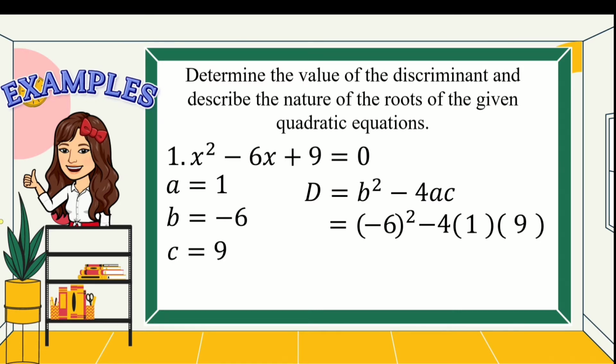The square of negative 6, or negative 6 times negative 6, is 36. Negative 4 times 1 times 9 is negative 36. And 36 minus 36 is 0. That is the value of the discriminant.